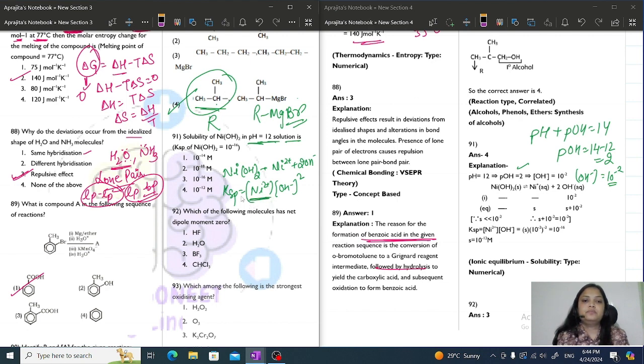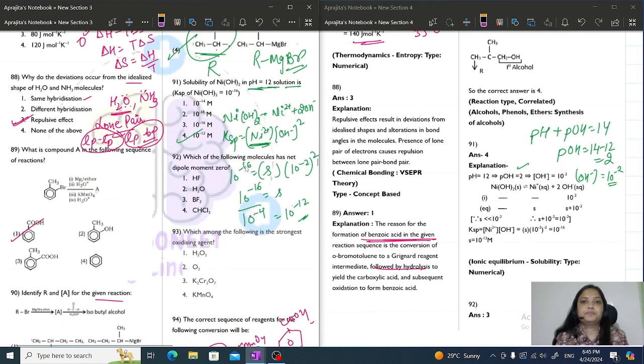Ksp is already given, 10 to the power minus 16. Let's take the solubility to be S, and OH minus is given as 10 to the power minus 2, raised to power 2. So it comes out to be 10 to the power minus 12, which is the concentration of nickel, or the solubility of nickel. That's the answer.